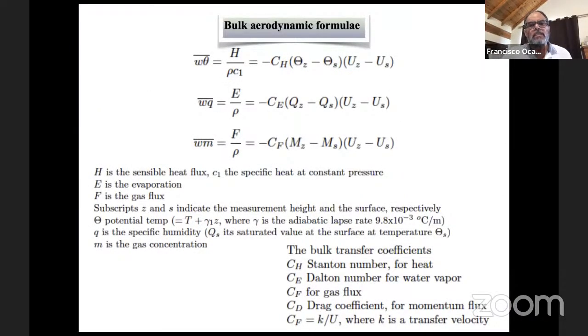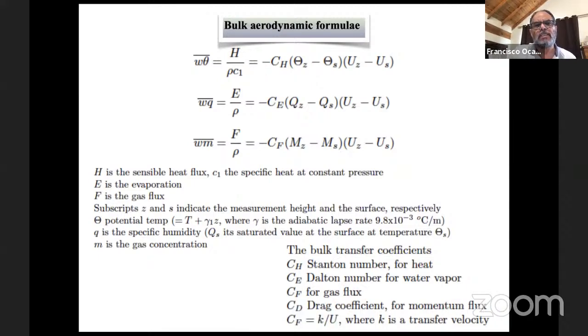And for instance, many numerical models, climate models or circulation models, rely on bulk aerodynamic formulas. And this bulk aerodynamic formula is a rather crude approximation of the flux. In this case, we have H, the heat flux, E for the evaporation, and F for a gas flux. So the models rely on this expression on the right, where you can use rather simple variables like mean wind speed and potential temperature to estimate the flux.